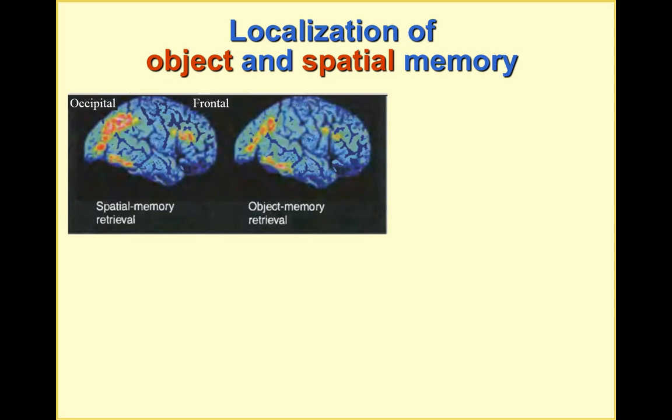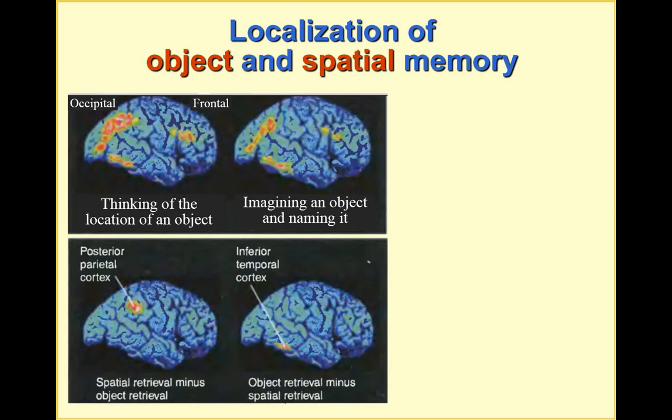So in the first case, the patient is thinking about the location of an object. And in the second case, the tested person is asked to imagine the object and name it, or to name the object that is suggested in the picture. So naming. And if you compare two pictures, they look rather similar. Not entirely identical, but similar. But then they remove all coincident portions and there remains only the difference. This lower picture shows exactly this difference.